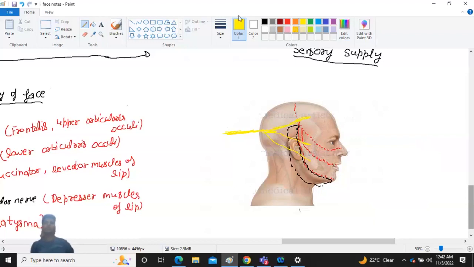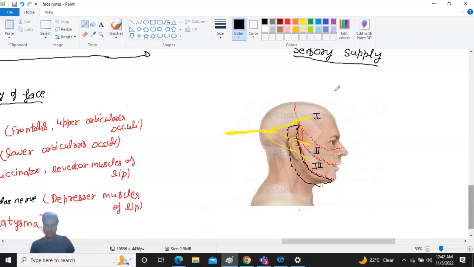So these are the three regions supplied by the nerves. This is the first region, this is the second region, and this is the third region. And the whole face is covered now.